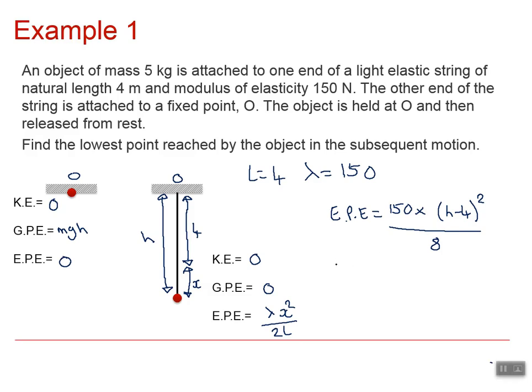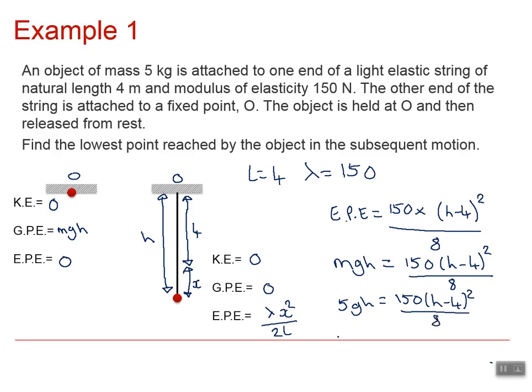So now what we can say is that our initial energy, mgh, needs to be equal to our final energy, which is 150 h minus 4 squared over 8. We know that m is 5, so we have 5gh is 150 h minus 4 squared over 8.